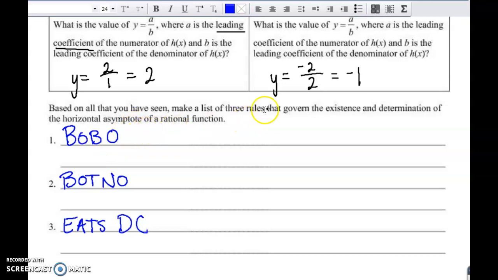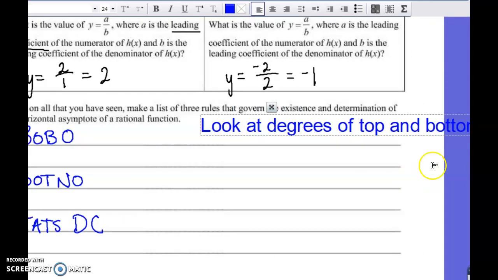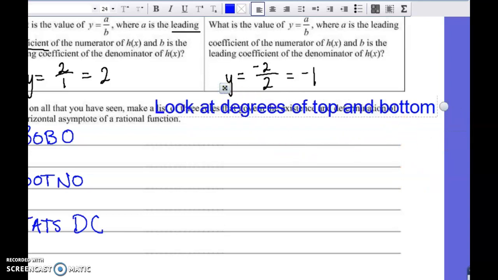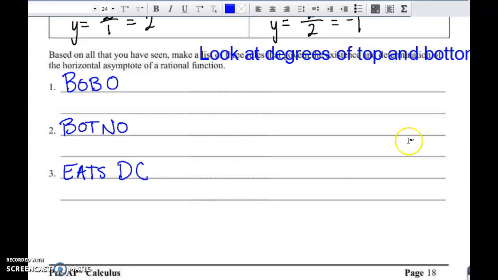But we're talking about the degrees, so make sure you write that down. We're looking at the degrees. Look at degrees of top and bottom. Okay, so what this stands for, if you think of it as top and bottom, they wrote it out as bigger on bottom.